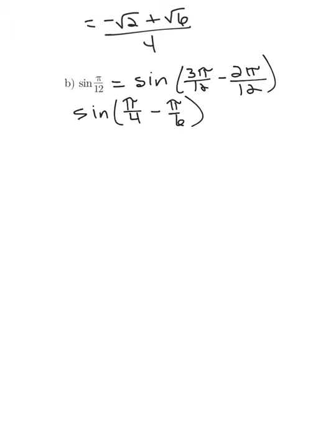So because this is the sine function out front, we have to use that version of the formula, which says that we do the sine of the first angle, pi over 4, times the cosine of the second angle. And on this formula, whatever operation you had between your angles, you put between your functions, so it'll be minus. Then we will do the cosine of pi over 4 times the sine of pi over 6.